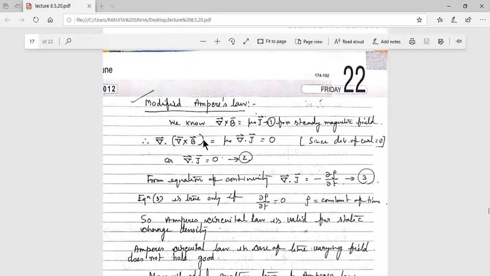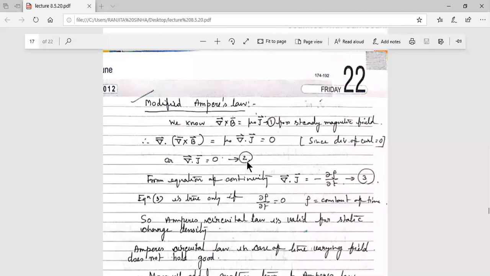So the left hand side is equal to 0, and ultimately divergence of J equal to 0.